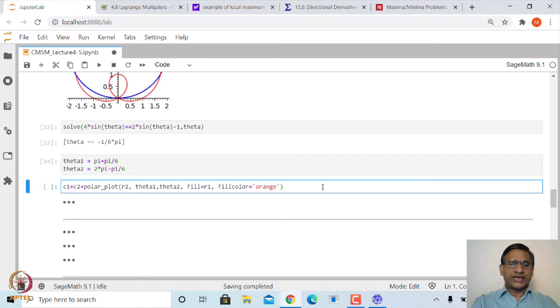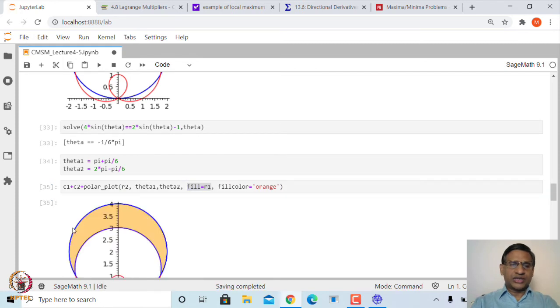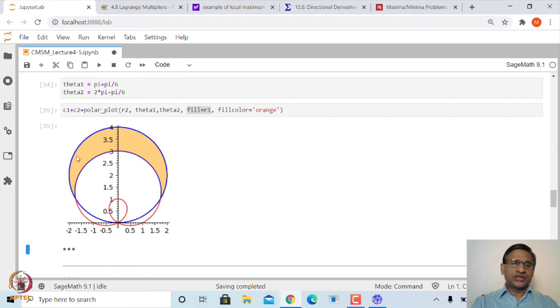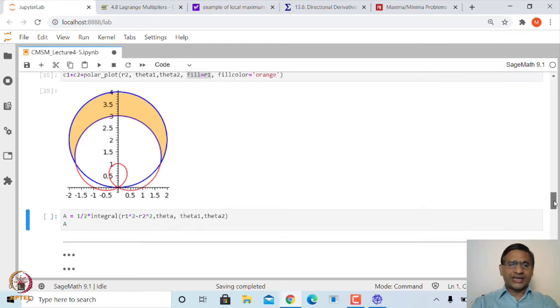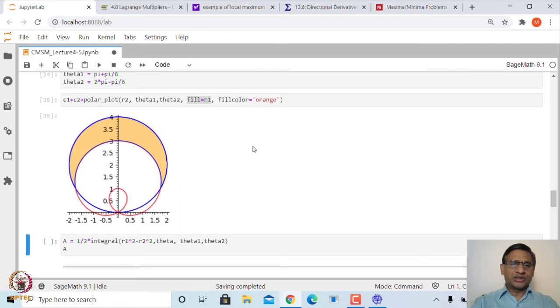Now let us plot the area inside this by using the option called fill and give the fill color. So, that is the portion whose area we want to find out. This is in orange color. Now, let us find out the area. If you want to find the area under this curve, this is r1, this is r2. In this case, r1 is bigger than r2.